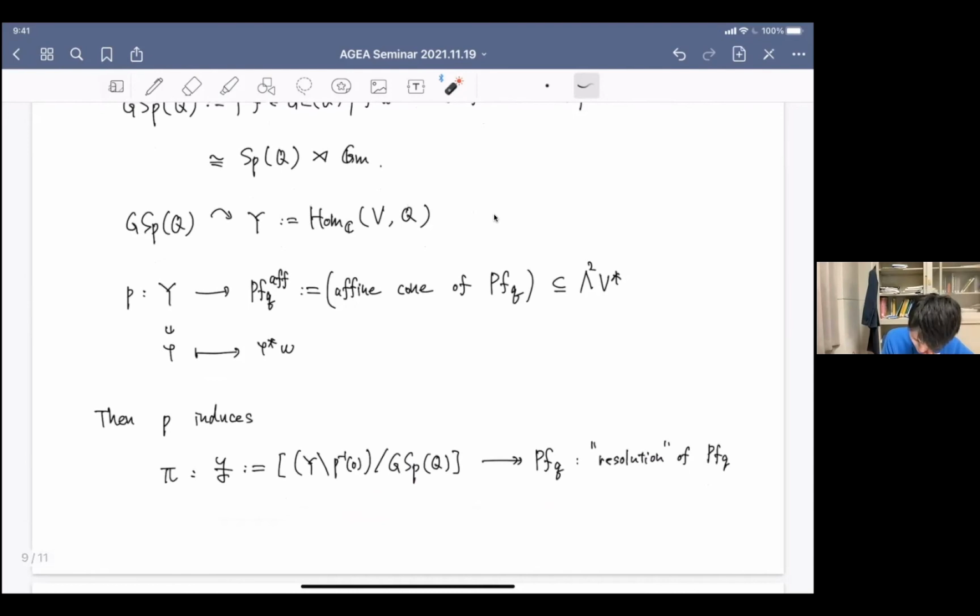And since this stack is smooth, we can consider this map as a commutative resolution of the Pfaffian variety.